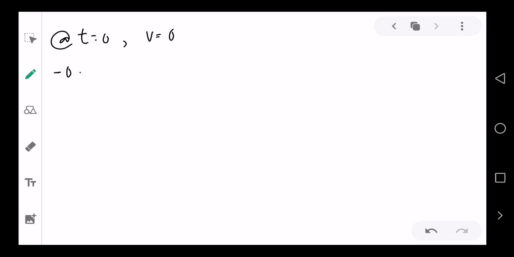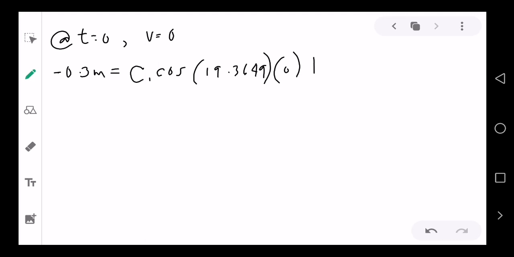So, it's negative 0.3 meters equals C1 cosine of our angular frequency, which is 19.3649, times our time, which is 0, plus C2 sine 19.3649 times 0.